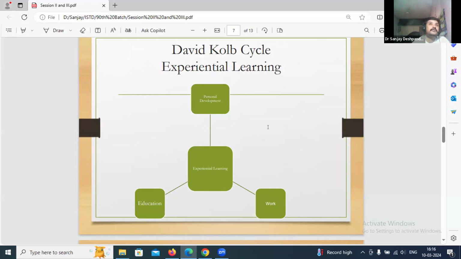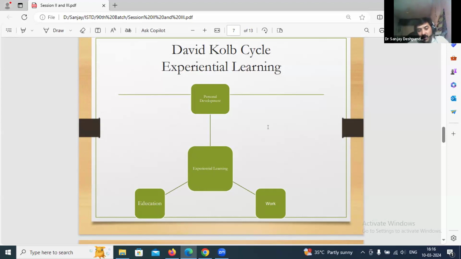Experiential learning for personal development. You undergo various processes, various aspects in your corporate profile. But there are some things that we learn for our personal development, some things we learn from our education, and some things we learn from our work.